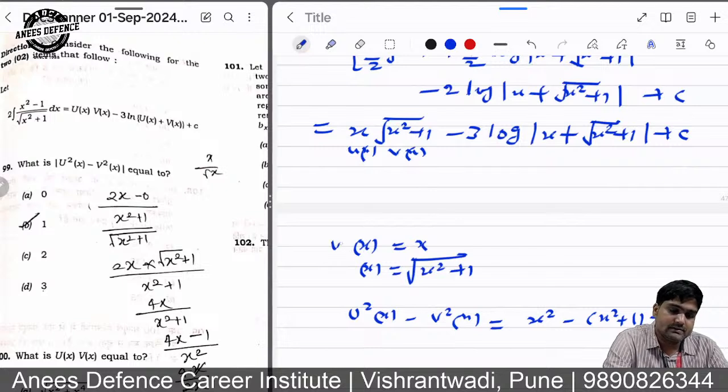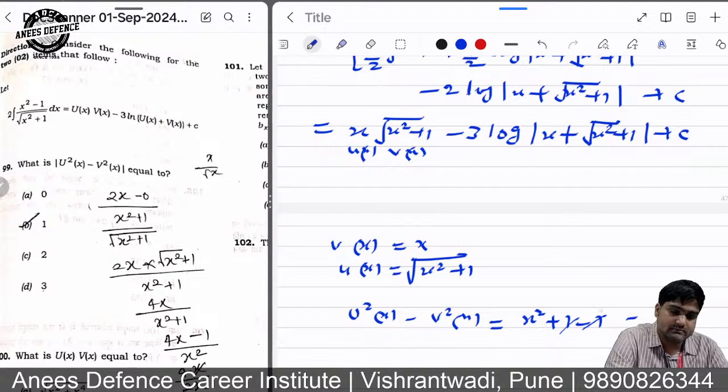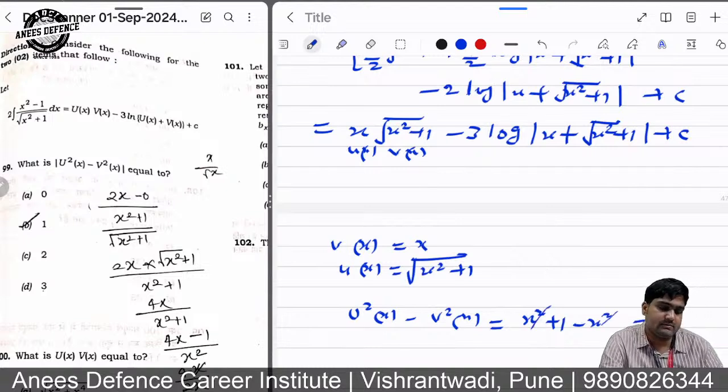If this is v(x) and this is u(x), it gives the result as x square plus 1 minus x square. Because minus 1 is not available in the options, so option B is the correct answer for this one.